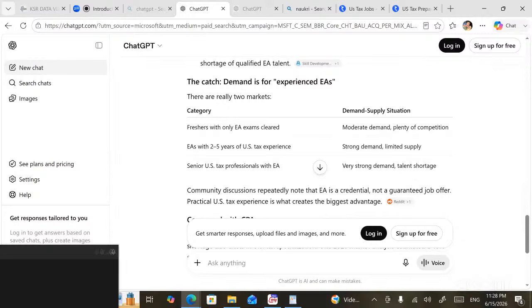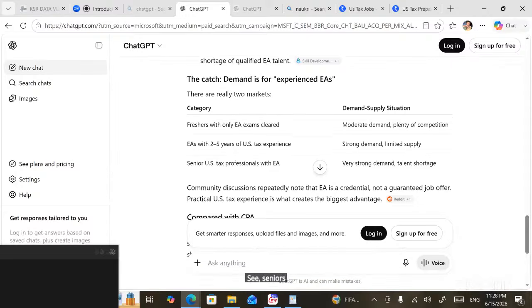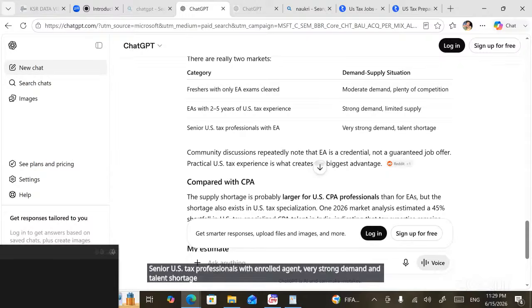Compared to the fresher, those holding 2 years of experience have more demand and very limited supply. See, seniors, when you are growing, there will be more demand. Senior US tax professionals with enrolled agent, very strong demand and talent shortage. People are not there, sir.